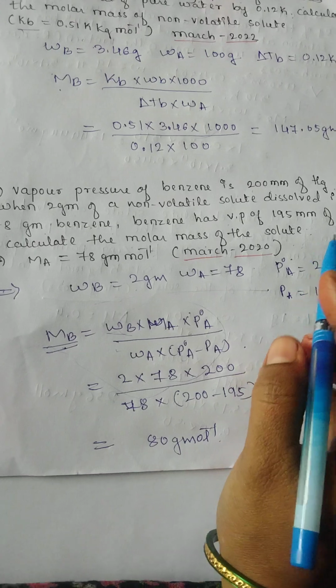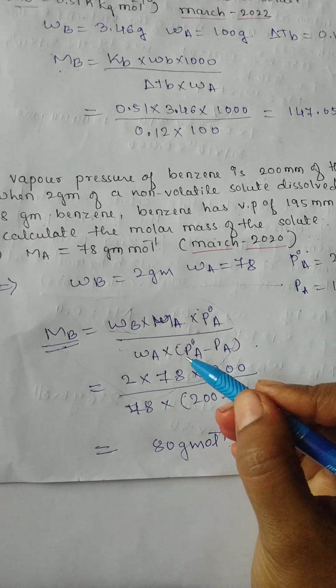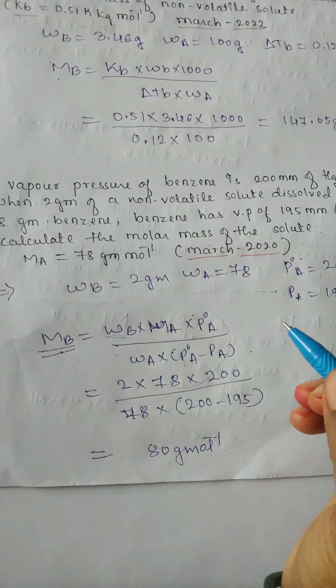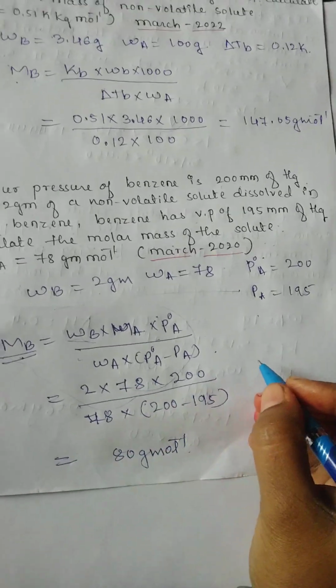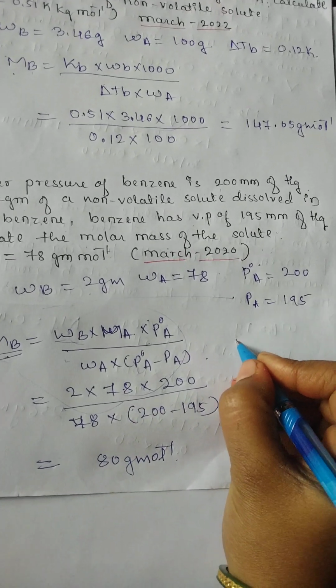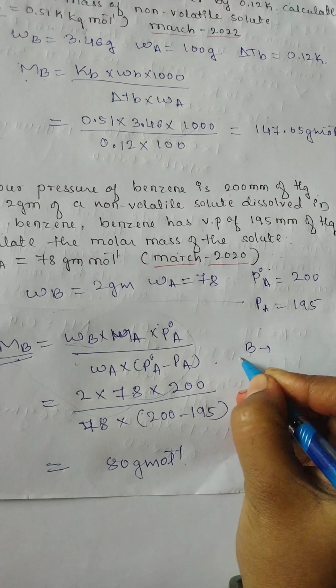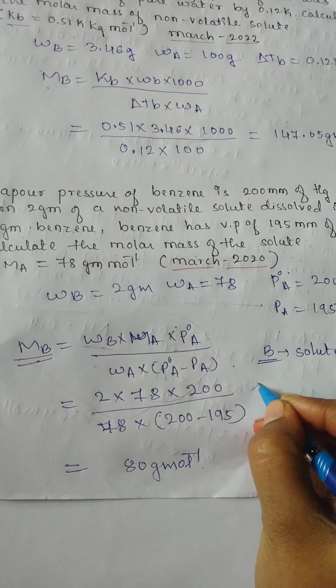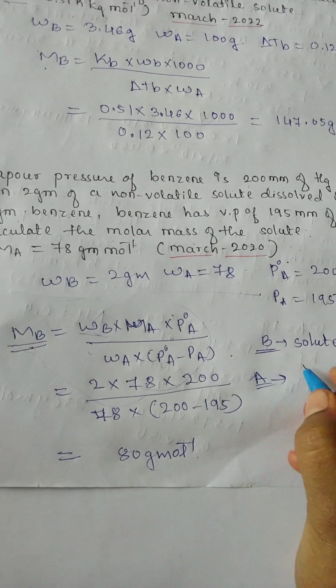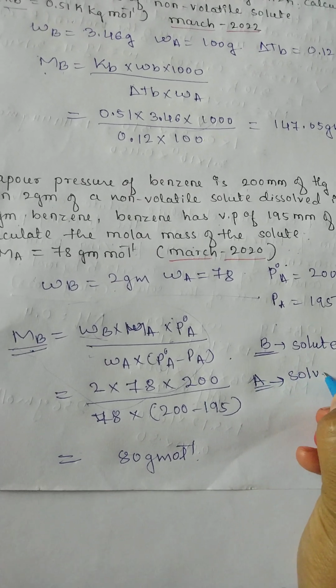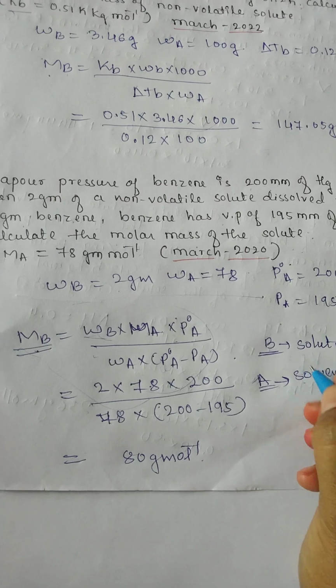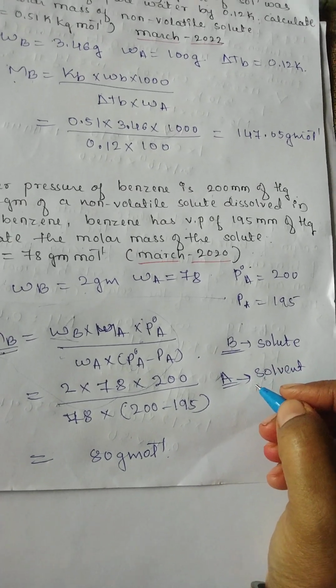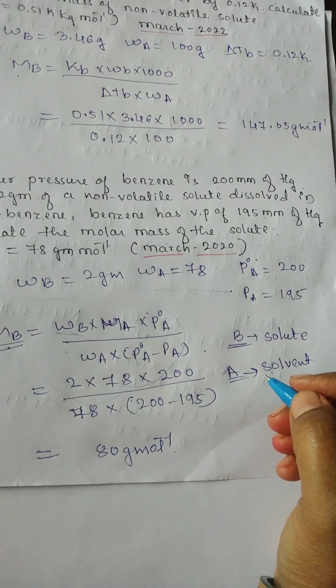So first thing is we have to understand the formula and what the terms are. Again I will tell you once again, the B always stands for solute and A indicates the solvent. Okay, if you understand these two, you can easily remember all the formulas.